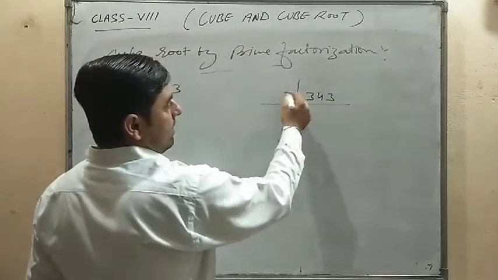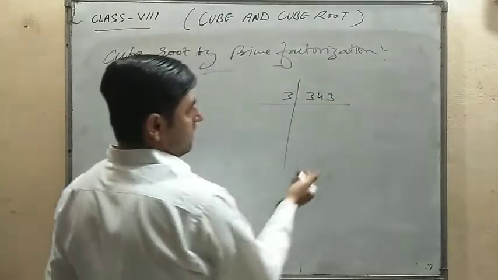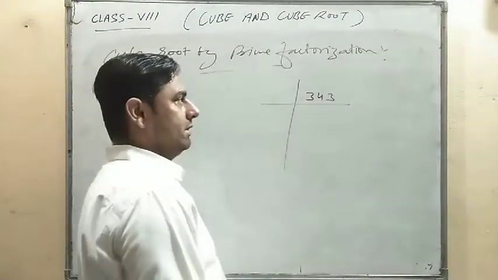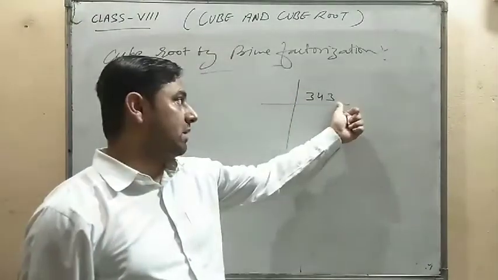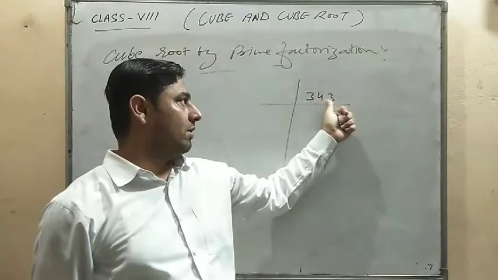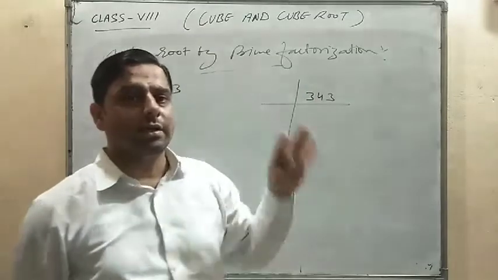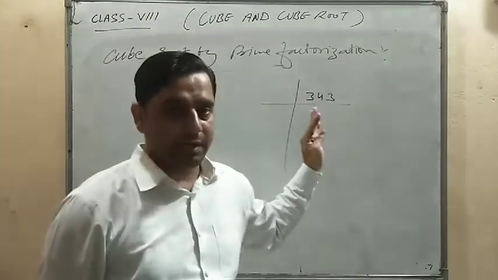we start from 3. It is not divisible by 3, because you have to add all digits: 3 plus 4 plus 3 is 10, and 10 is not divisible by 3.